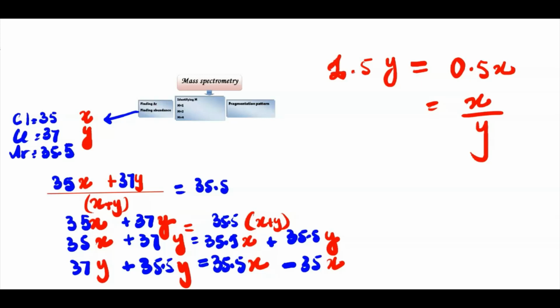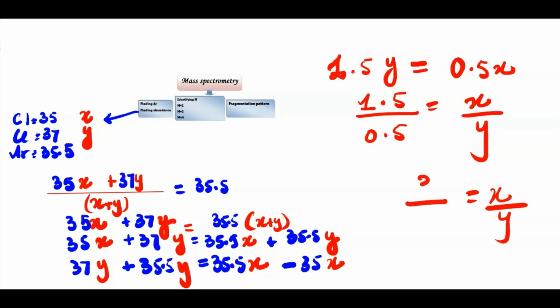It is 1.5. Okay, so you have 1.5 here and you have 0.5 here, and you simplify it and you will get 3:1, and you know x is equal to 3 and y is equal to 1. So this is the simple way to find the ratio of the isotopes.